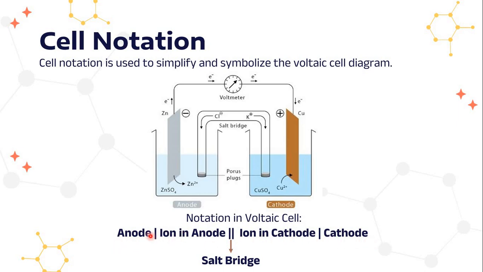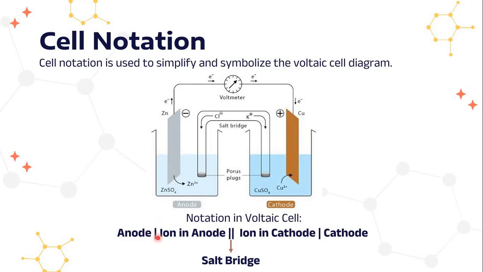The notation starts from the anode, because on the left side there is an anode. So we write the name of the anode, and then separate it with a line.